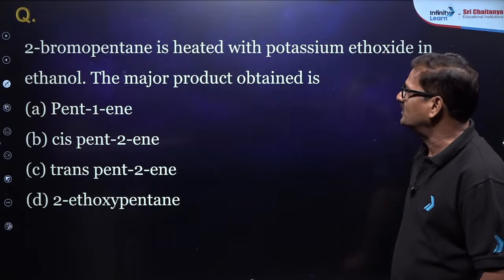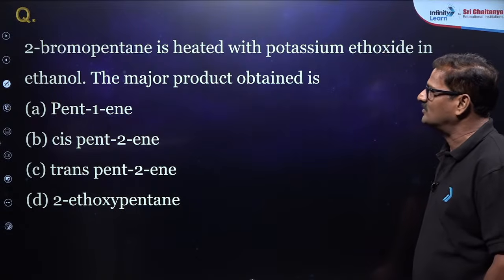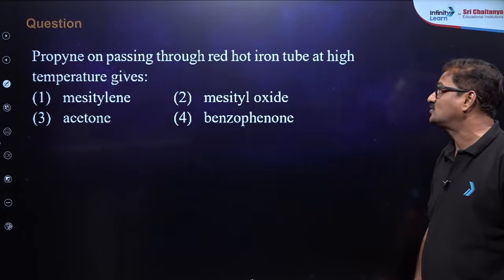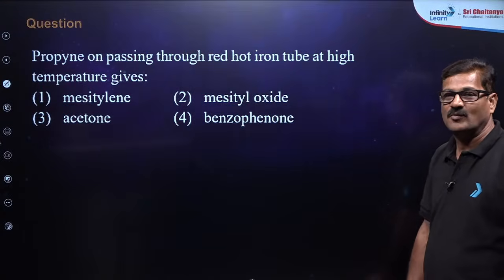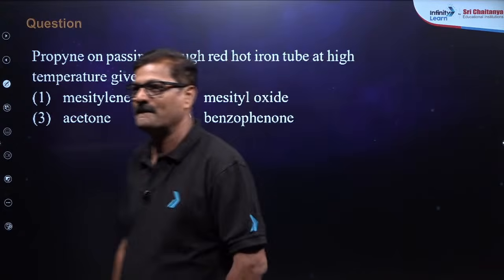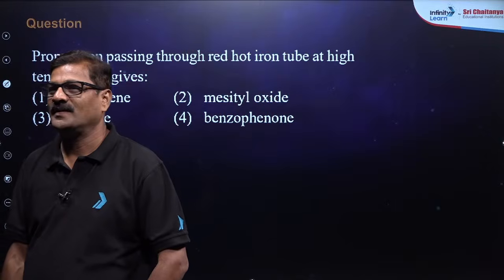So 2-bromopentane is heated with, that is already done, okay. Now propyne passing through red hot iron tube at high temperature, what are you going to get, Sunil? Ashish?